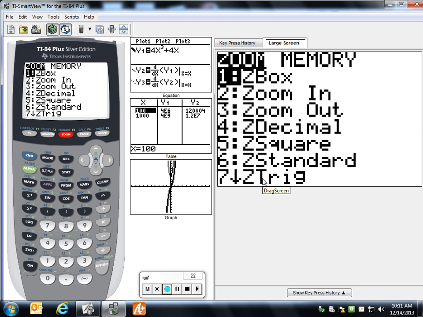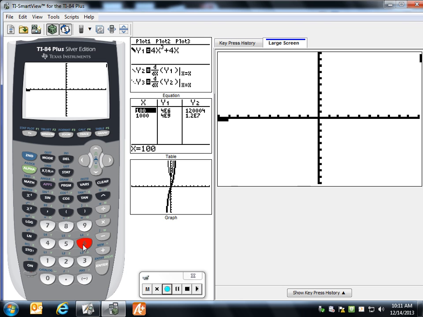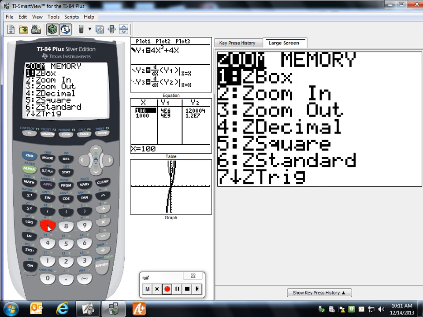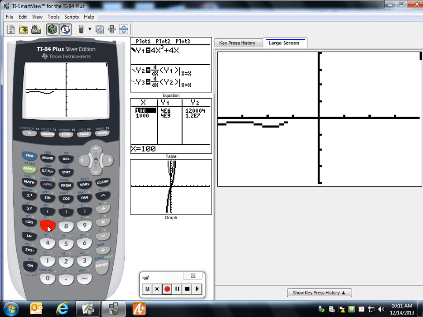You can use zoom 6 for standard, but zoom 7 you can also use for trigonometric functions. You notice that it's hard to see where those zeros occur because you're on zoom 6. If I do zoom 7, since it's trigonometric, they're a little bit more expressive as far as the jumps that occur, just slightly.